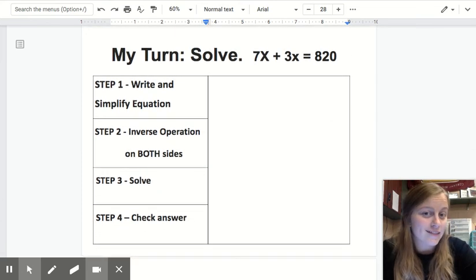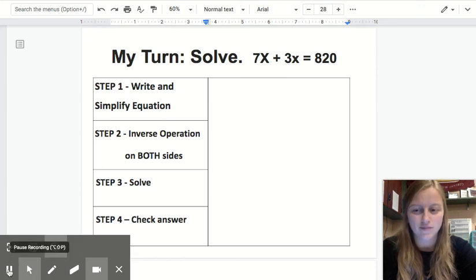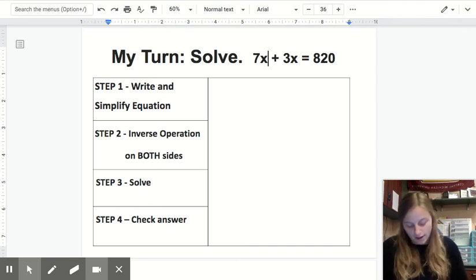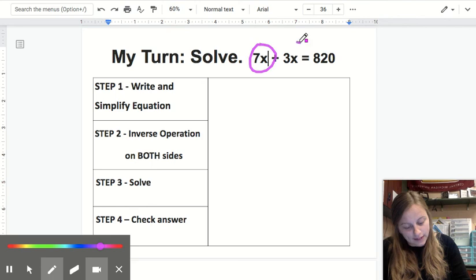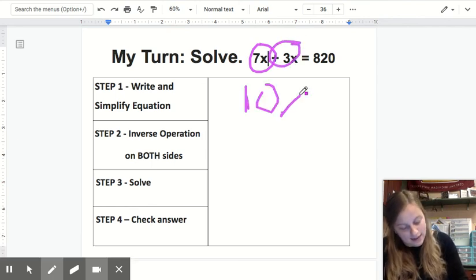Here's one. 7x plus 3x equals 820. First, we have to simplify this equation. As we practiced recently, 7x plus 3x can really be combined to make 10x equals 820.